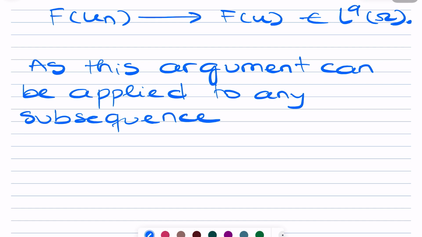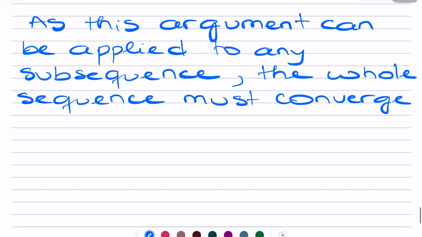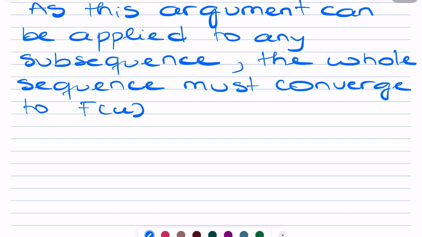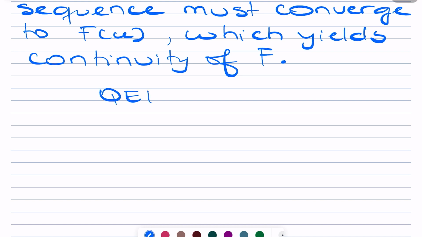So the whole sequence must converge to f of u, which yields continuity of F. This is the subsequence argument.